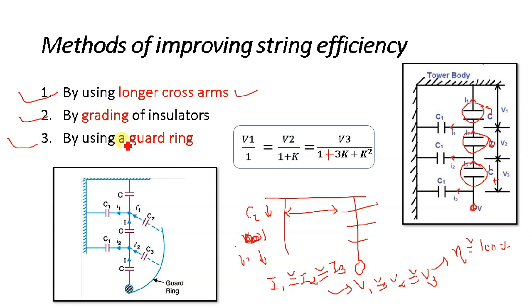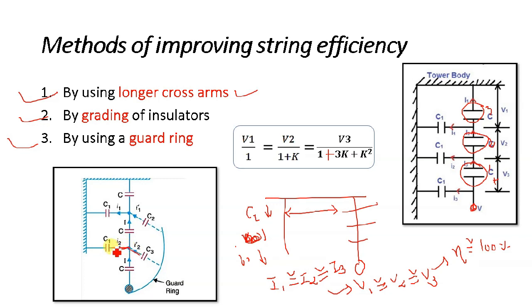The third method is by using a guard ring. Here you can see in this figure we are adding a guard ring at this point, and due to this the charging current will flow from this path. There will be some capacitance, and due to this the charging current will flow. Whatever current is going in this branch is compensated by I2 dash.